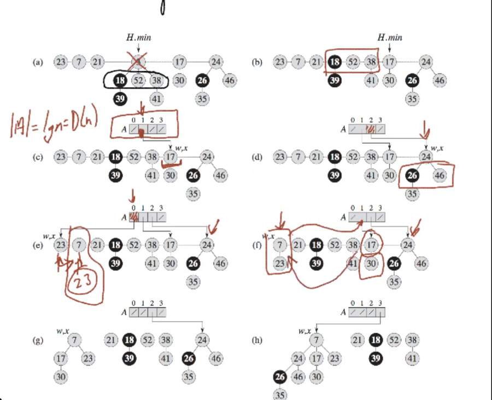So 17 gets moved over here. Then we do the same thing. We back up to 24. We look at 7. It's going to get entered into the 2 children spot. So we need to merge 24 and 7. 7 is going to be the root because it's the smallest. And we add in 24. These are not binary trees.